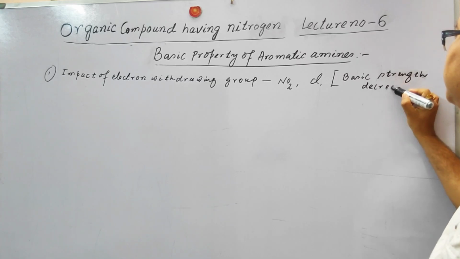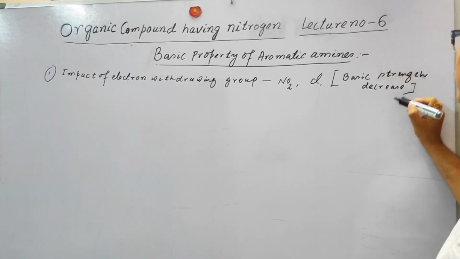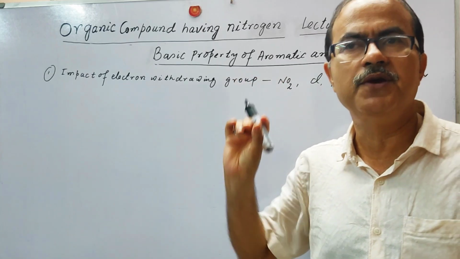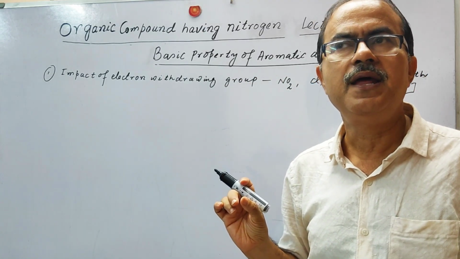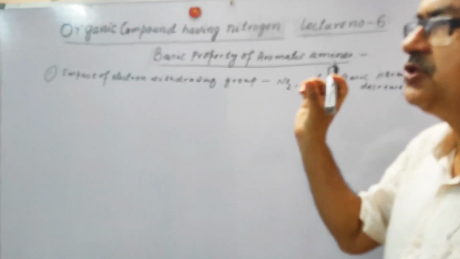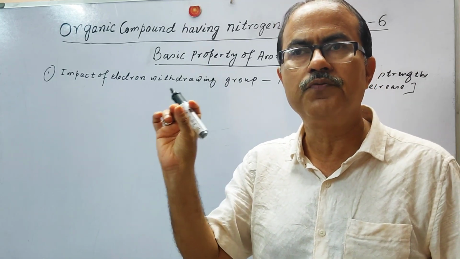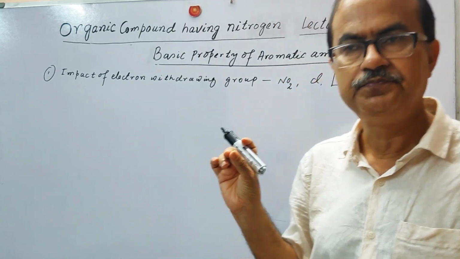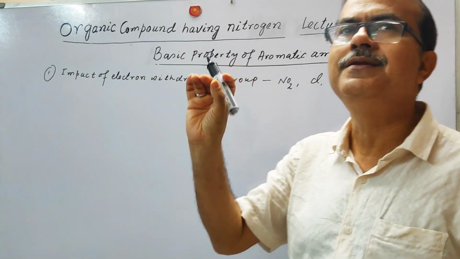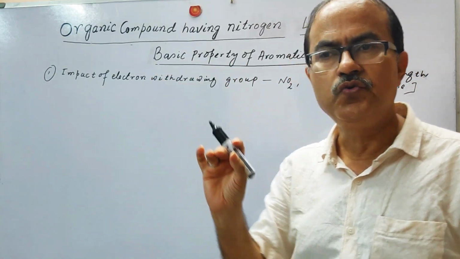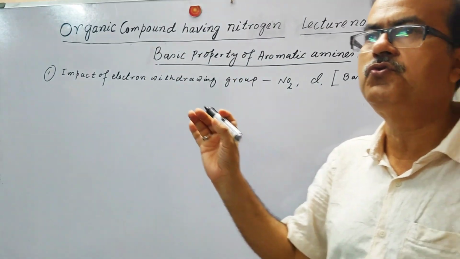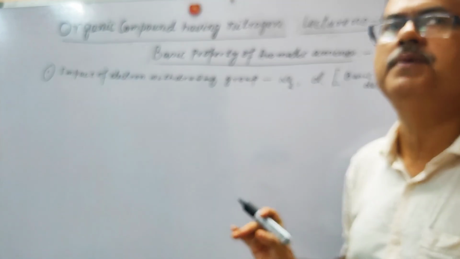Why does it decrease? Because it will withdraw the electrons from the benzene ring. The basic property of the aniline is due to the lone pair of electrons over the nitrogen, and this will be more in demand towards the benzene ring. It will donate the electrons to the benzene ring.